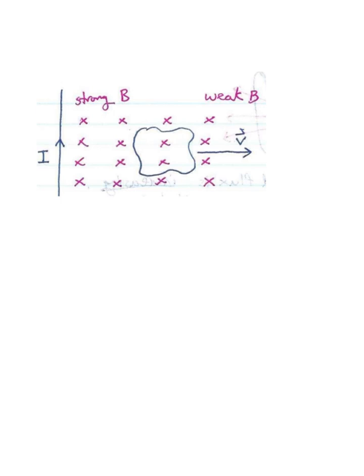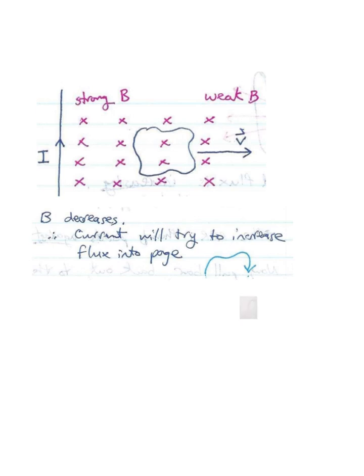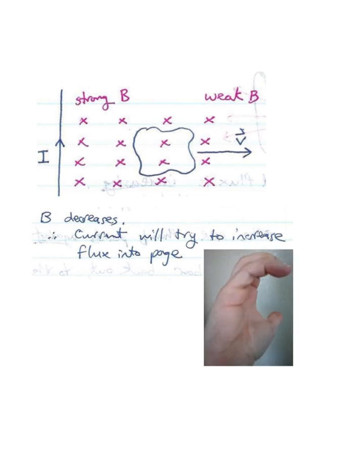So the magnetic field is going into the page, and it's decreasing. So we're going to take our thumb with our right hand and push more into the page. And so we see that the current is going to go around in the clockwise direction.